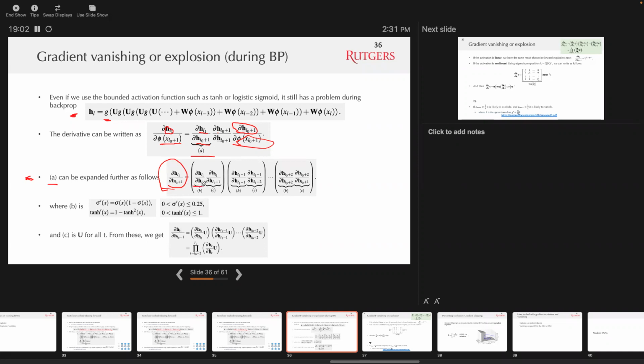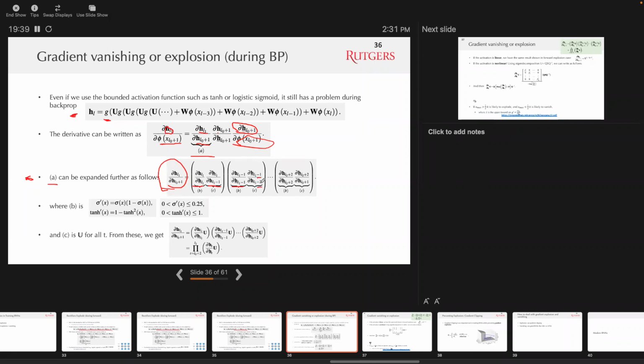And the second term is going to be h_L before the nonlinear activation with respect to h_(L-1). So these are the first two terms, and you're going to do something similar to go backwards: h_(L-1) in the same time step but without the nonlinear activation, then to h_(L-2), going one step after another.